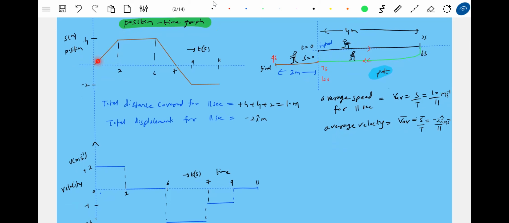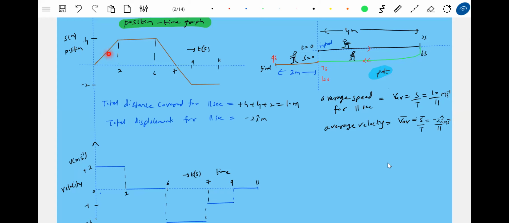And look at the slope of this: it is constant. And how much is the slope? 2 meters. So the slope is constant. Then there's no displacement.